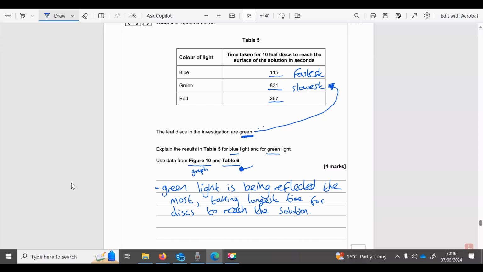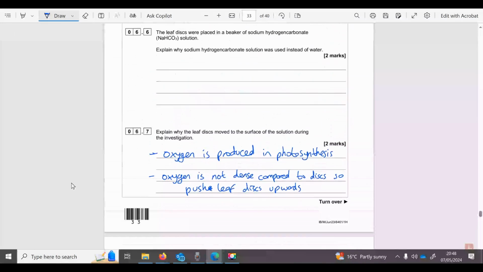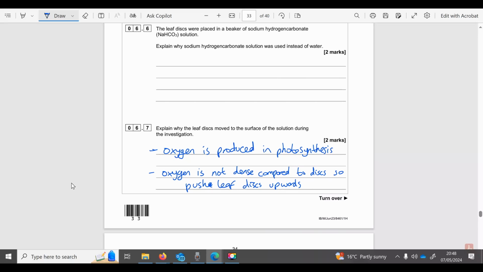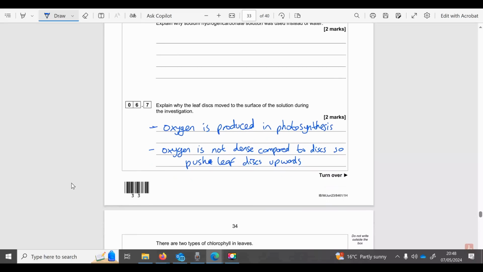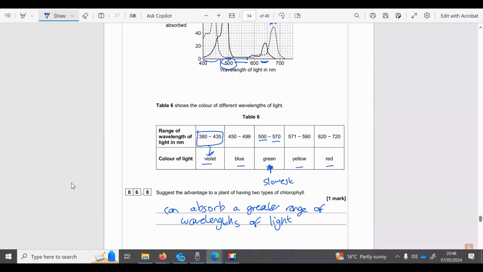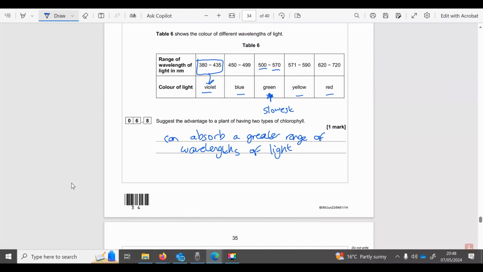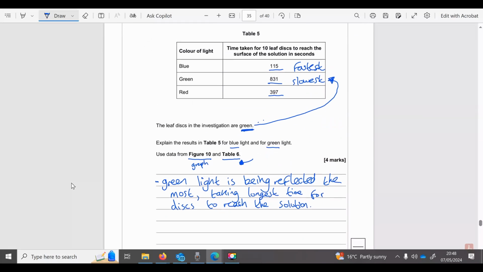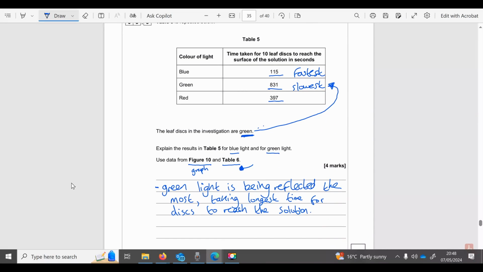We know that oxygen is produced in photosynthesis, and the oxygen, due to its low density, is going to push the disc upwards. So if the leaf discs are taking the longest time, it must mean that the rate of photosynthesis is the slowest.